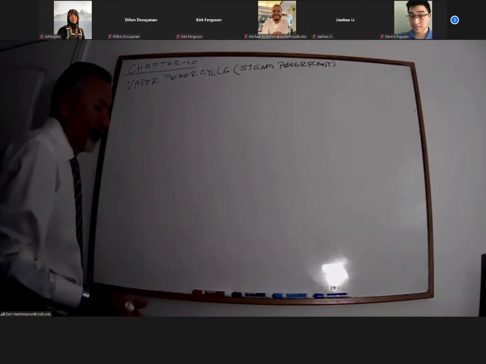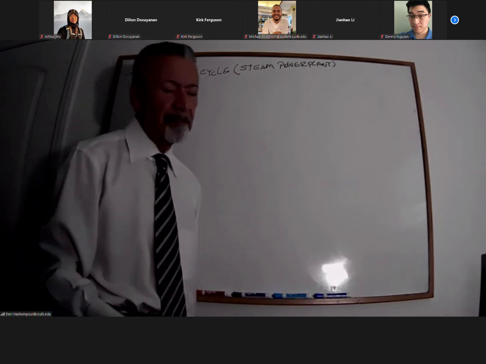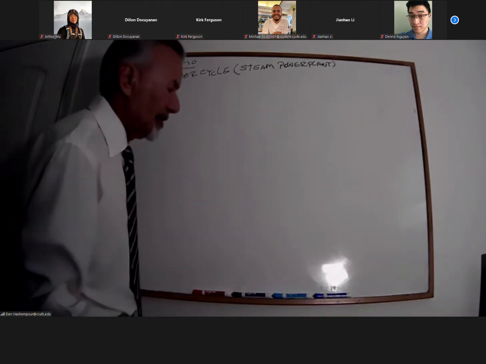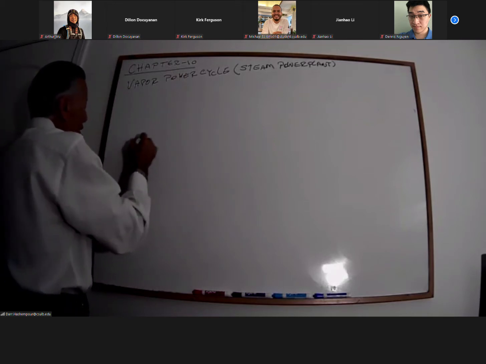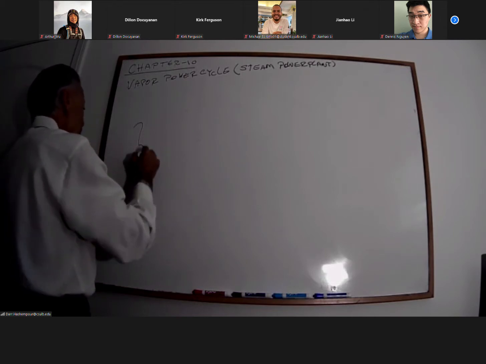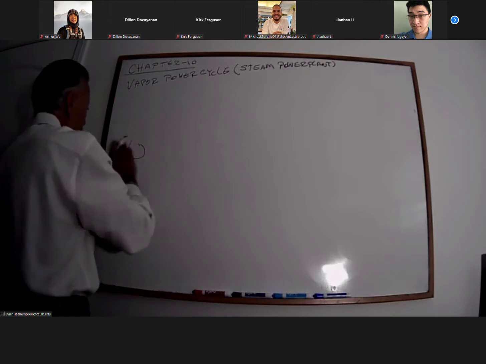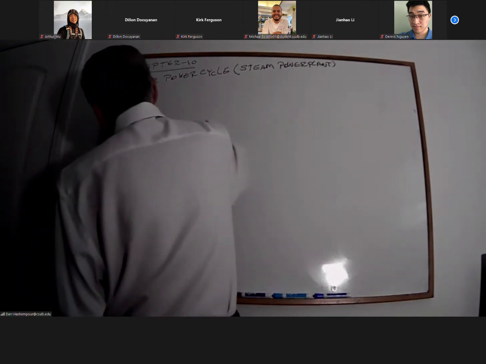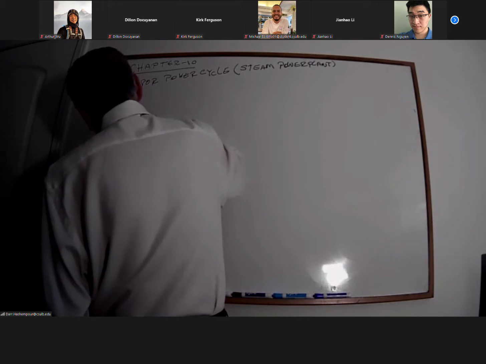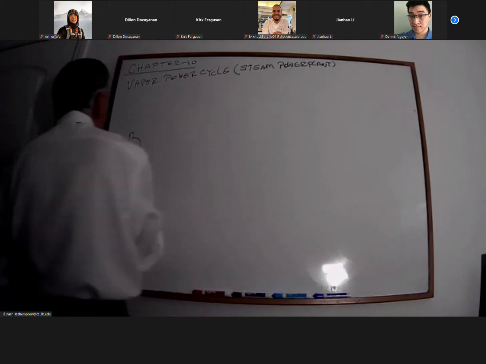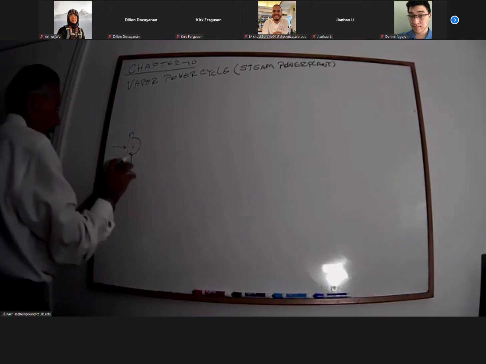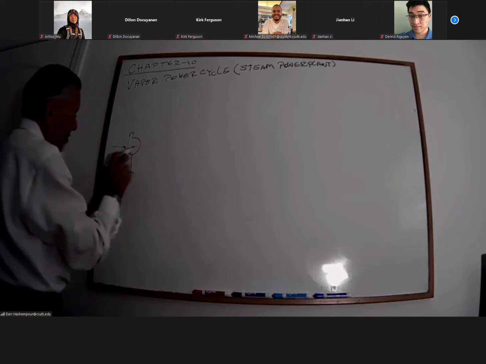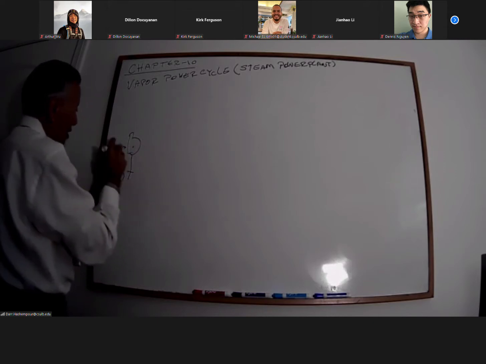Now, I'm going to draw the equipment diagram, which is pretty similar to what you have seen before. Here, in chapter 9, we had a compressor.